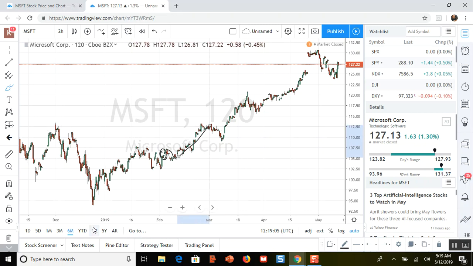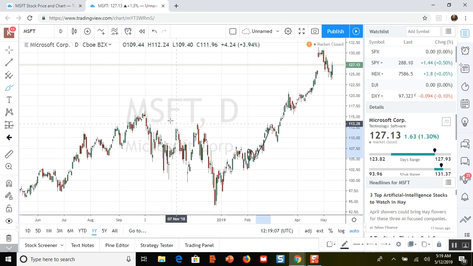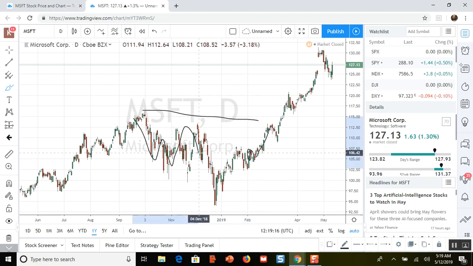If we go to a longer chart, like the year, Microsoft was a ranging stock, going up and down like clockwork. And then Microsoft decided to do something it's never done before. It broke its 52-week high, went all the way up to $130 a share, and that's when I started having trouble.